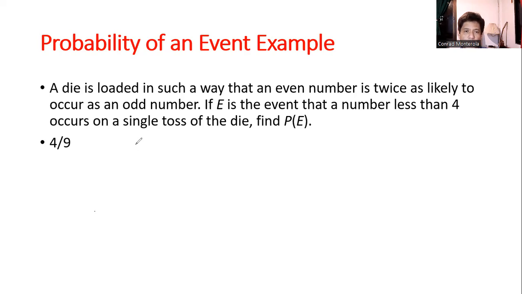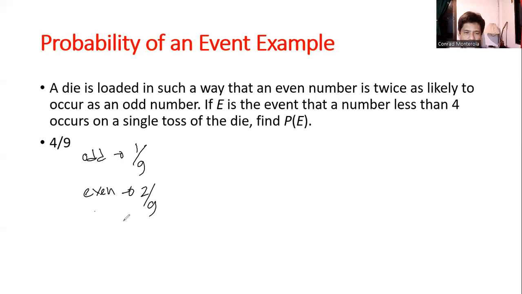That would be 1/9, if the number is odd. And then if the number is even, it will have twice the probability of an odd number. So that would be 2/9.